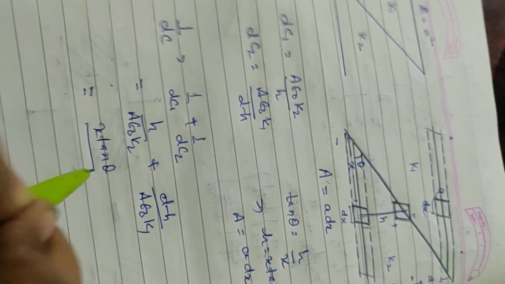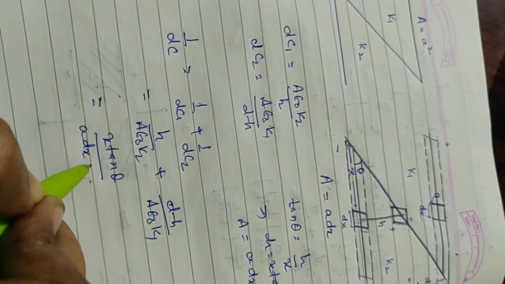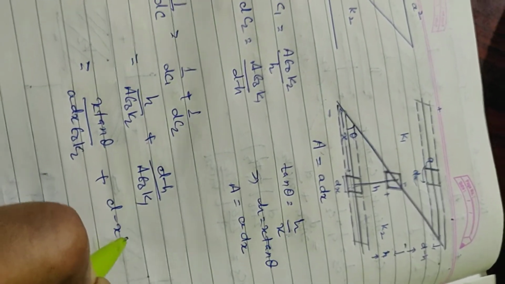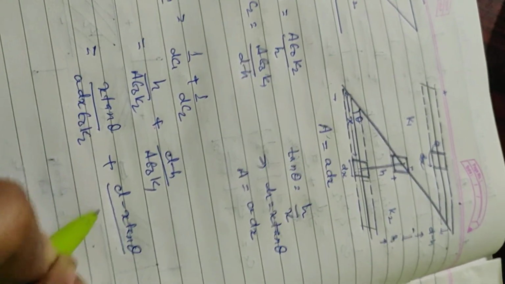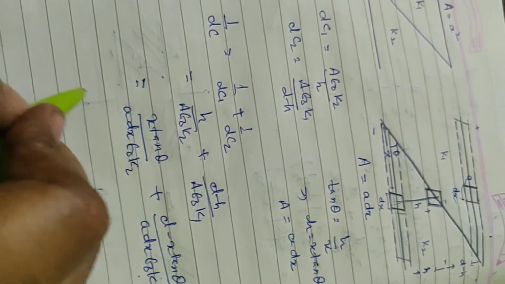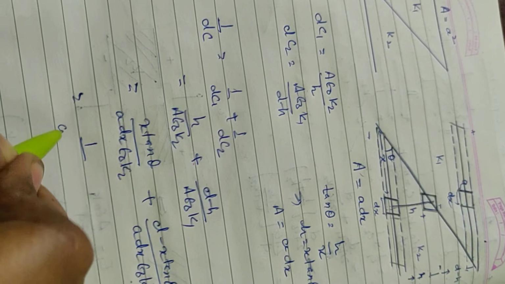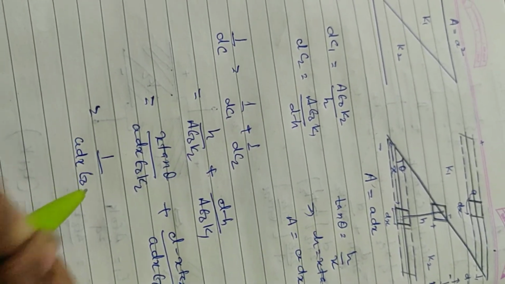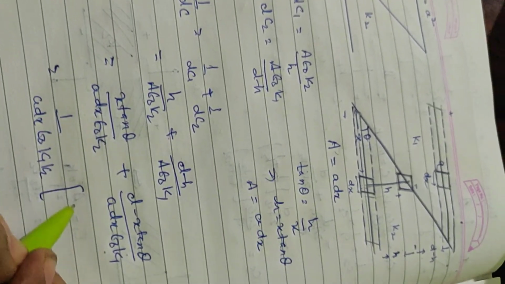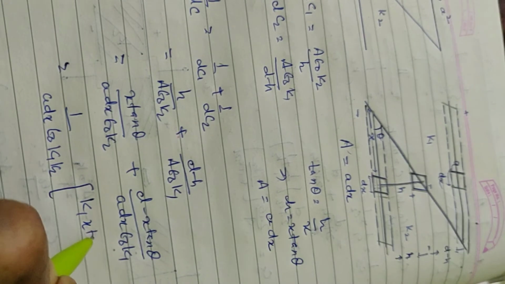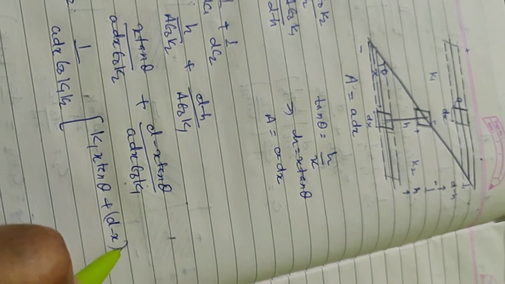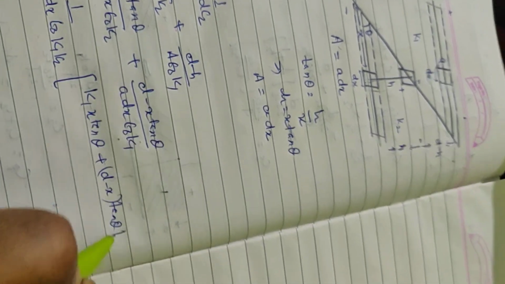So x tan theta by A dx epsilon naught k2 plus d minus x tan theta divided by A dx epsilon naught k1. So this will be 1 by A dx epsilon naught. We will take the LCM, it becomes k1 k2, and then here we get k1 x tan theta plus d minus x tan theta into k2.